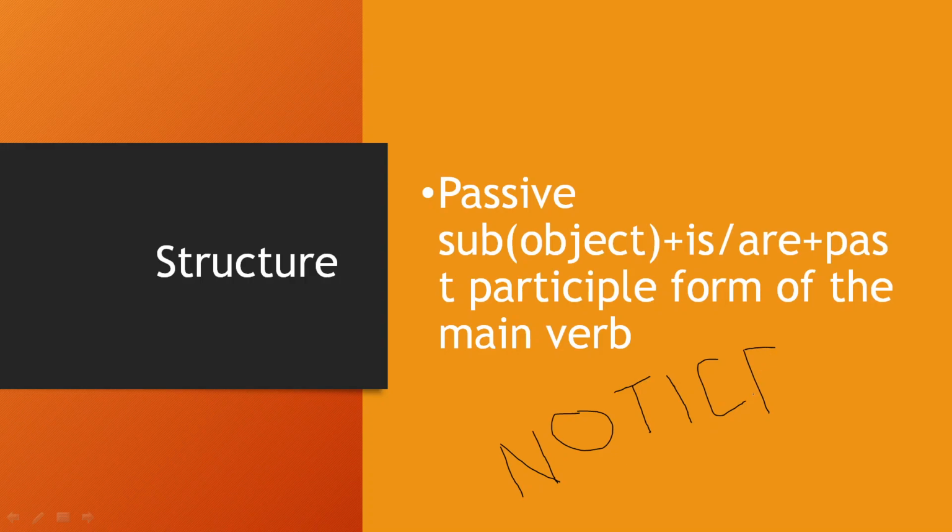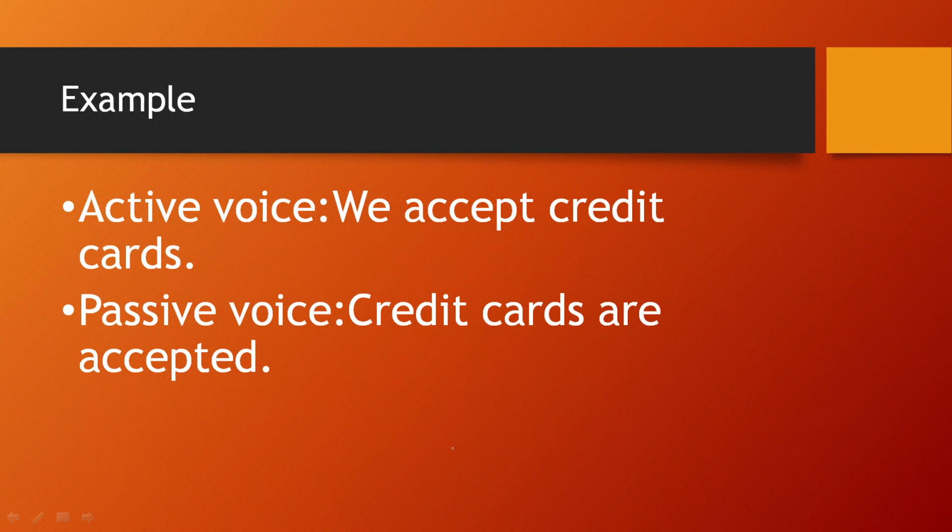Passive subject, that means the object, plus is or are, plus past participle form of the main verb. So let us look at it with an example. We accept credit cards.